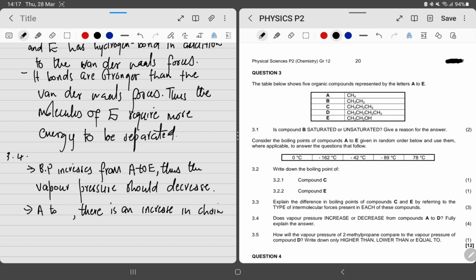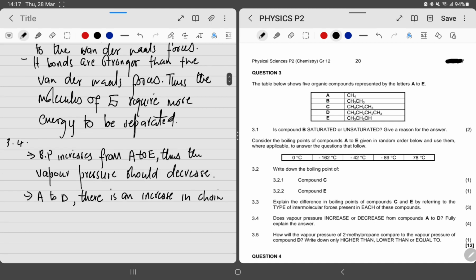Let me just say from A to D, because I'm comparing compounds that belong to the same homologous series or functional group. From A to D, there is an increase in chain length, and then the boiling point increases with an increase in surface area, or you can say in the chain length.